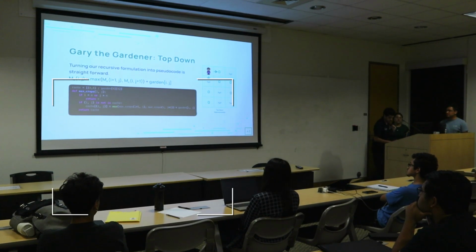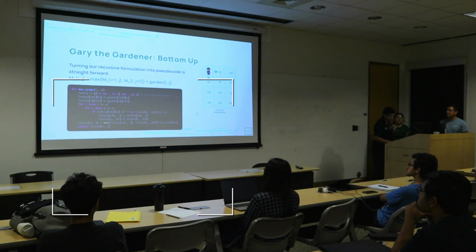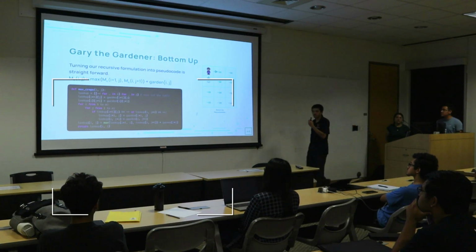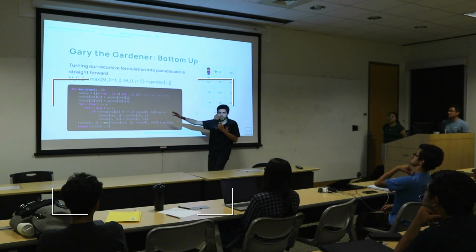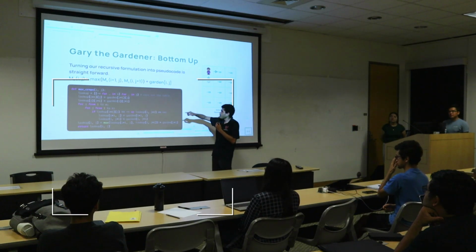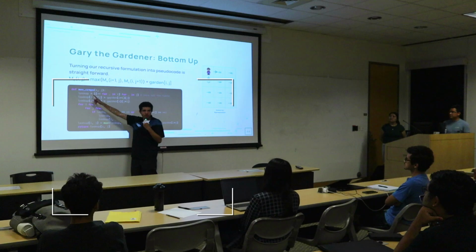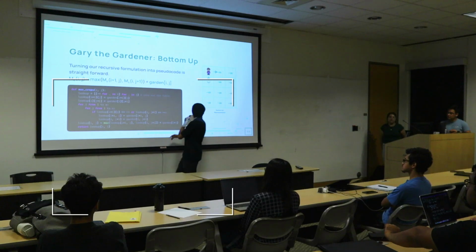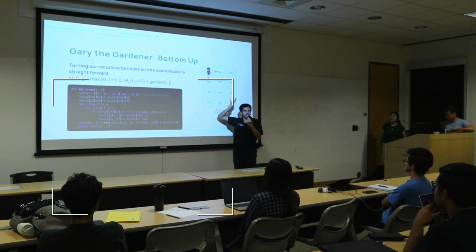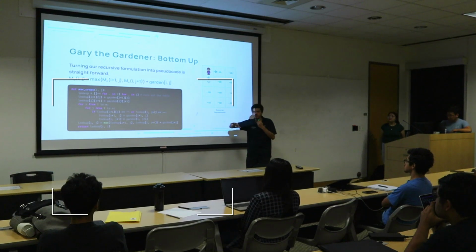Let's quickly move. Bottom up, same thing. You took the recursive formulation that you have, but now it's iterative. Now, this first line is a little Pythonic, but what I'm writing here with the infinities, which you also see up here, is that it's zeroing out the table. That's the concept.